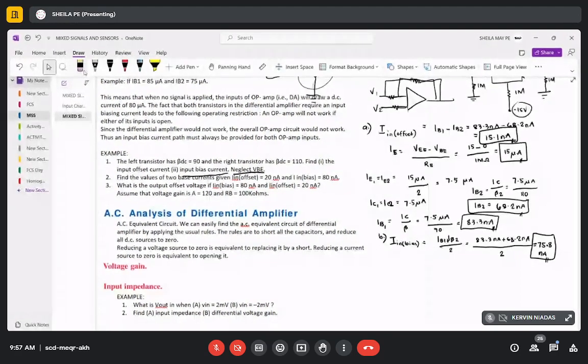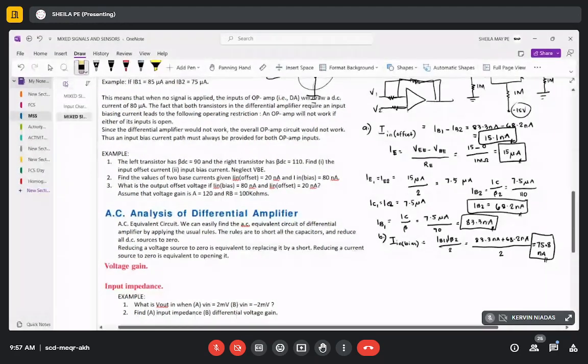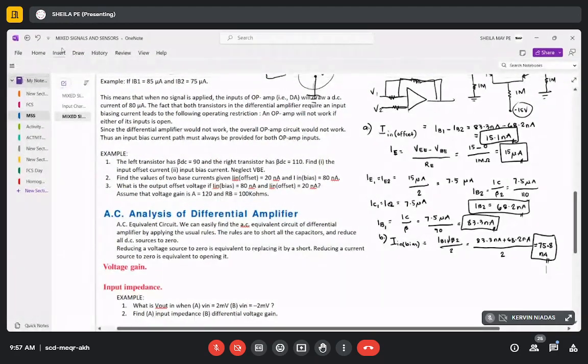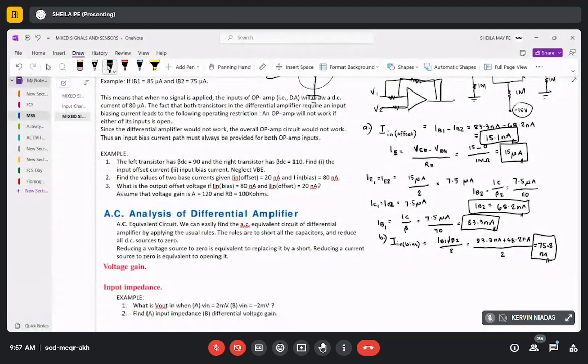Find the values of two base current given input offset current equals 20 nanoamperes and input bias current 80 nanoamperes. Okay.